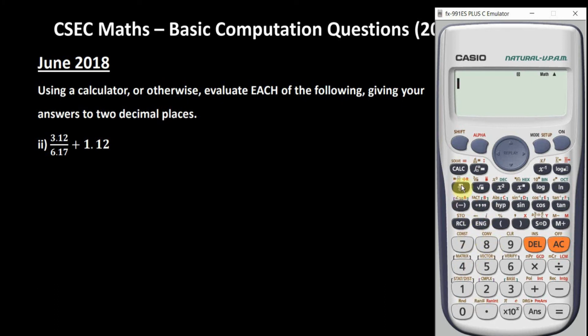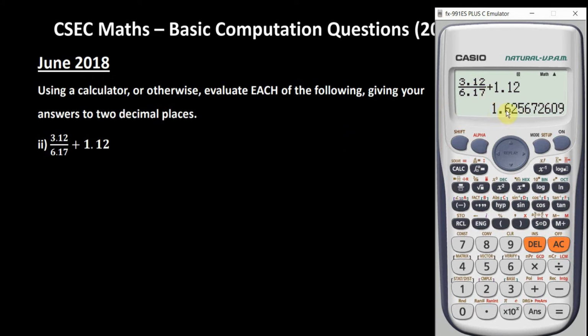So I want to begin with our fraction option here. So at the top we have 3.12. Press the down arrow to go to the denominator, and we'll have 6.17. Go to the side a little bit, we have an addition sign, and we have 1.12. We can go ahead and press the equal sign. And of course they did ask us to write our answer correct to 2 decimal places.